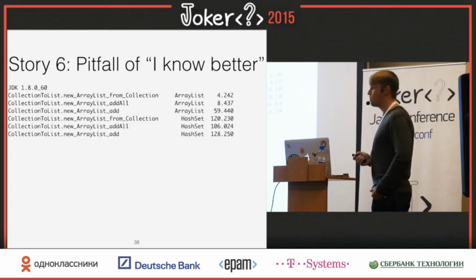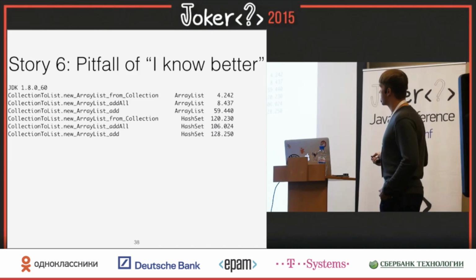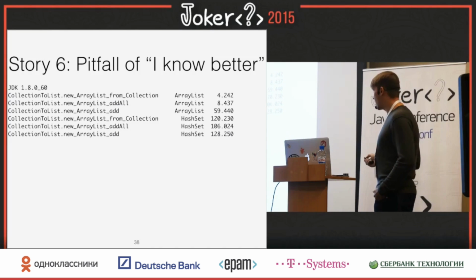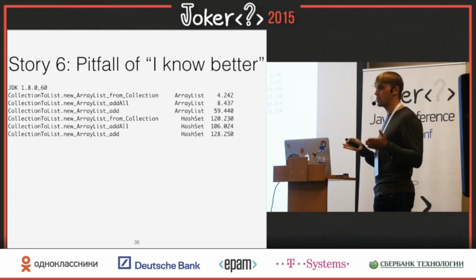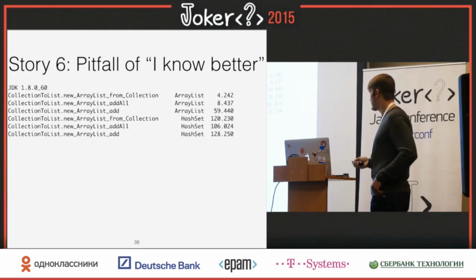Well, it depends highly on your underlying source collection. If my source collection is an ArrayList, calling toArray on it is essentially a single System.arraycopy operation. So if I create an ArrayList in the constructor, it just does a single array copy. If I do addAll, there are two array copies. First, it copies from the source ArrayList to get the array, and second, it copies into the destination ArrayList.